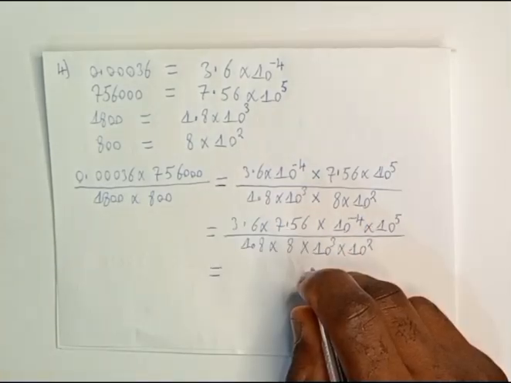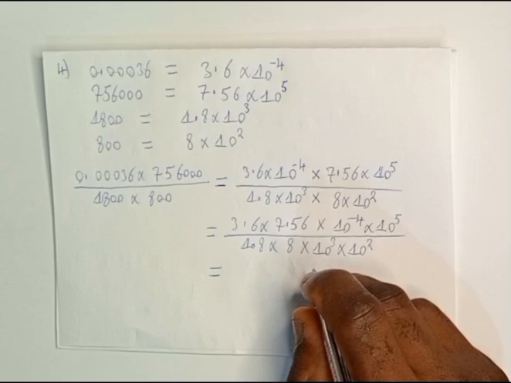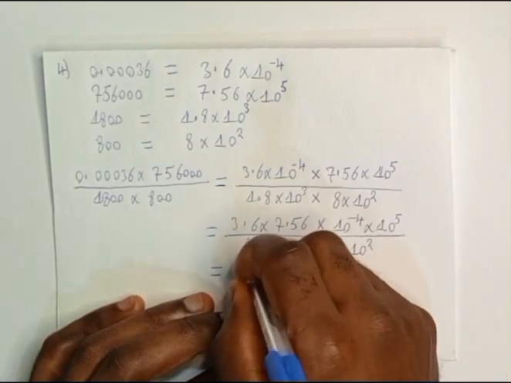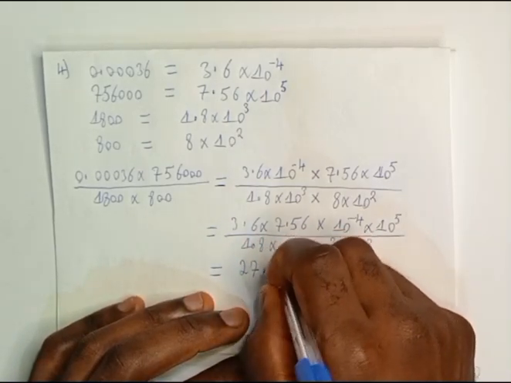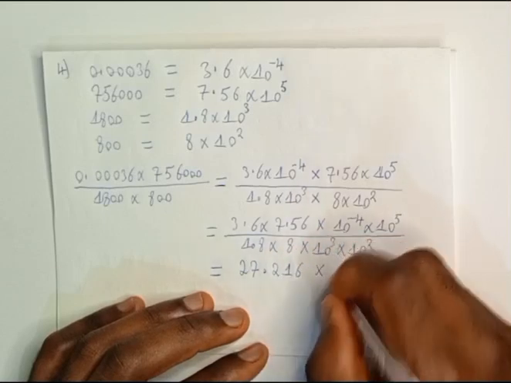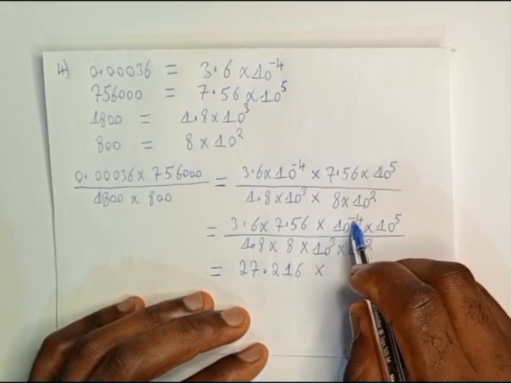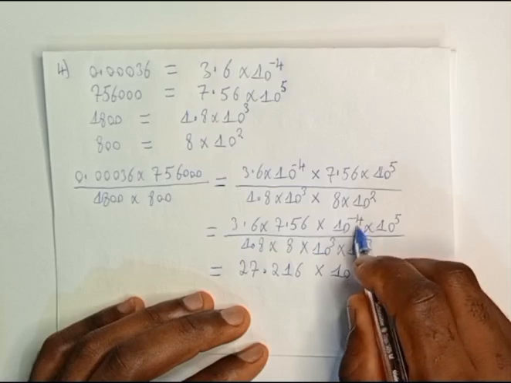And this will simply be equal to 3.6 times 7.56 gives us 27.216 times 10 to the power. We are going to add the powers.